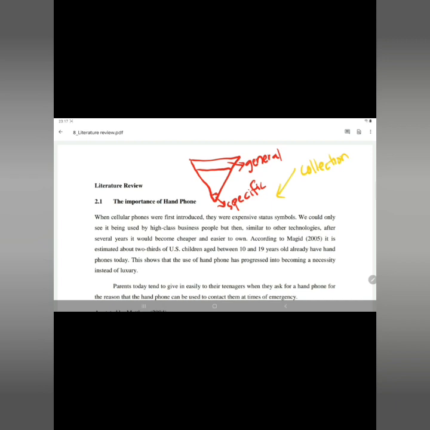Okay, I'll show you a snippet of what a literature review looks like here. So basically, since it's a compilation of anything related to your topic, you are just summarizing or paraphrasing the studies conducted by other researchers.